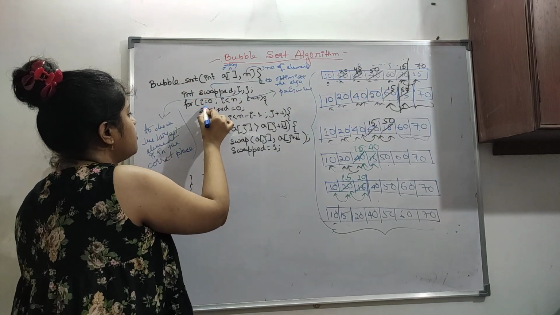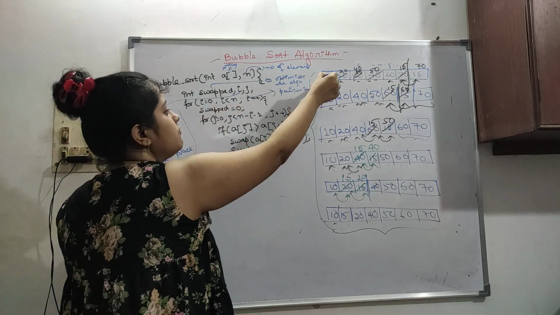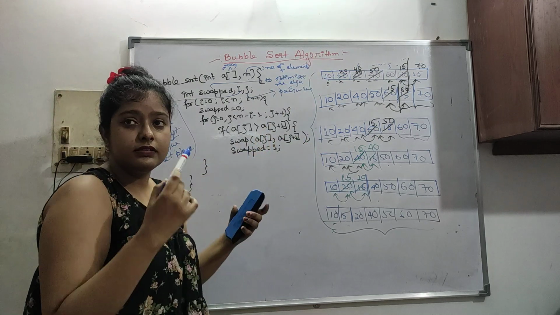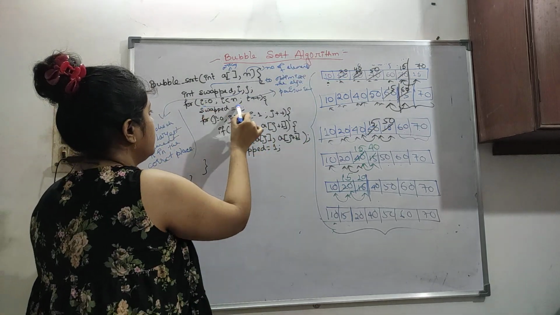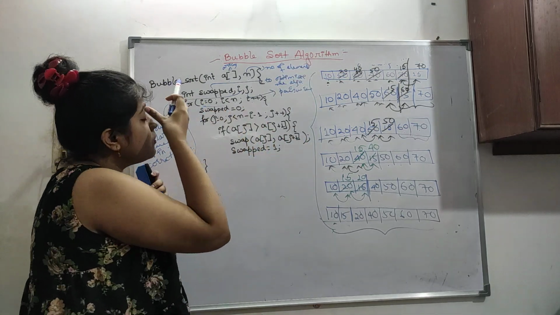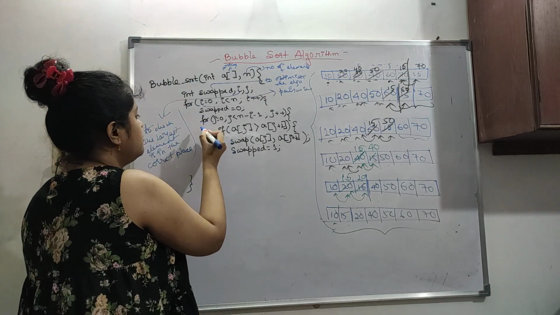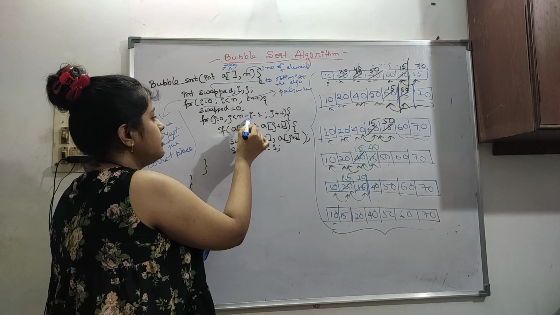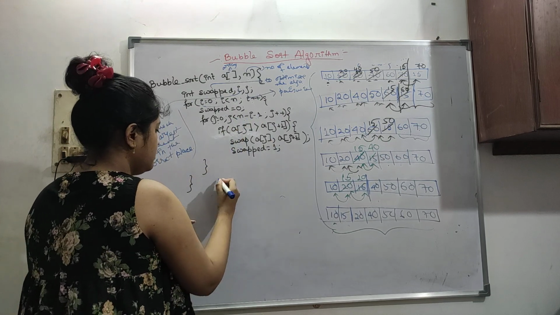So i will run from 0 to n, that is, less than n, meaning 0 to n minus 1 we will run. And swapped, why it is used I will tell you. Just for now, for j. So see now j is equal to 0, j is less than n minus i minus 1. So now let's see.